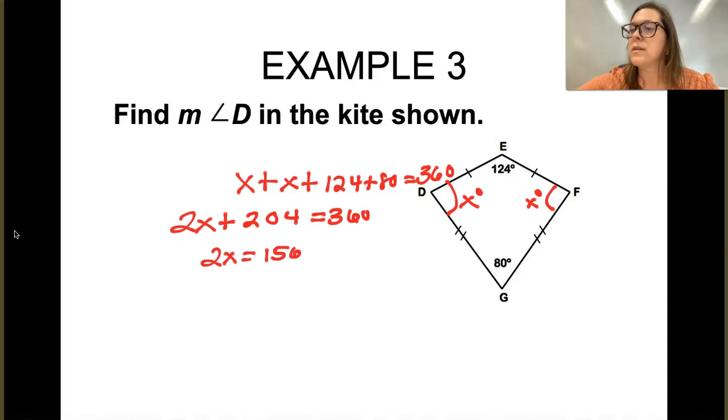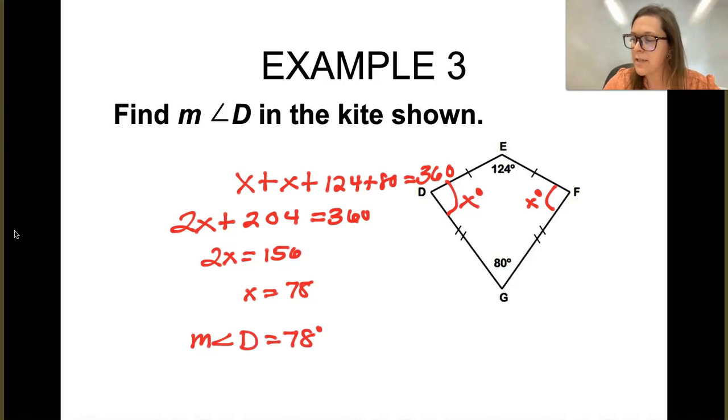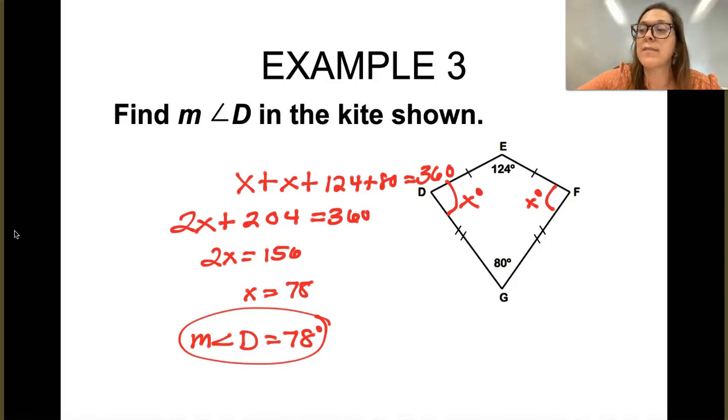Dividing that by 2 tells me x is equal to 78. So the measure of angle D would equal 78 degrees, because if I do 78 plus 124 plus 80, I should get an answer of 360, which I do.